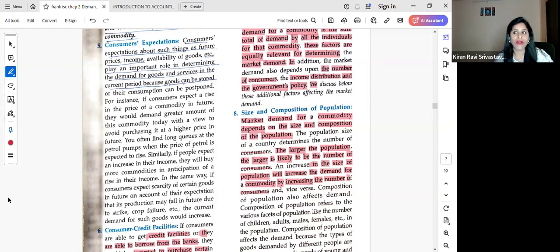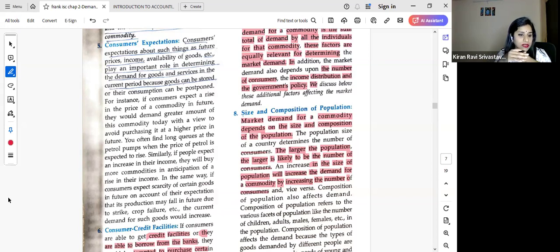Whereas if you look again at the Indian population, for all the products related to old age people, the market size is less. Though India is one of the largest economies, the market size for all those old age products is less, because the composition of the Indian economy says that more than 70% of people are 35 years or less.